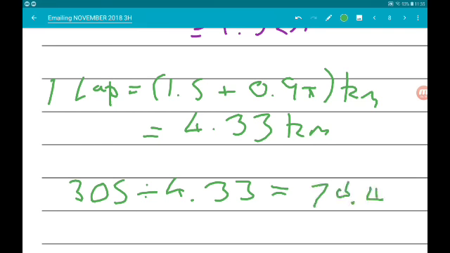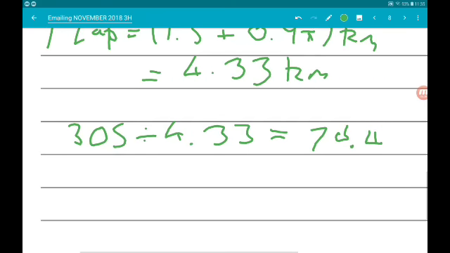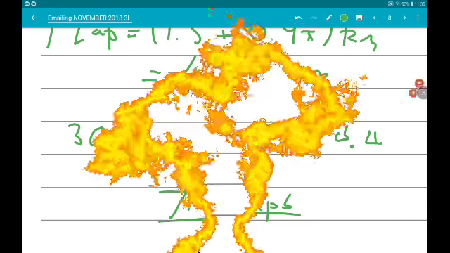So that means 70.4 laps would be 305 kilometers. We need, first of all, we need it to be greater than 305, and we want full laps. So it's 71 laps. Boom.